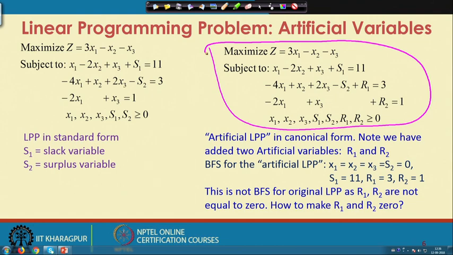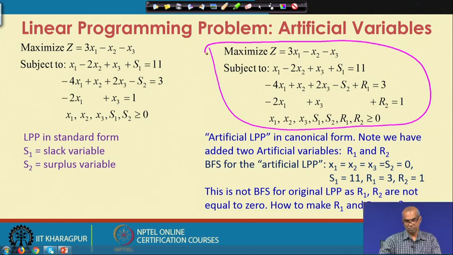Artificial because R1 and R2 have no meaning to the problem. But the introduction of R1 and R2 helps me to find a basic feasible solution.